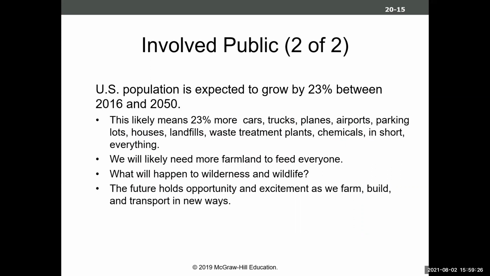So anything associated with an individual is going to go up by that percentage. So that means we need more farmland to feed people. Whenever we need more farmland, what does that say about wilderness and wildlife? How are we going to make that change? How are we going to feed people while keeping environments and biodiversity sustainable and healthy?